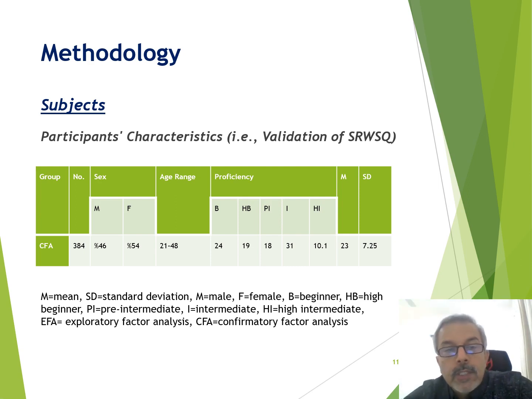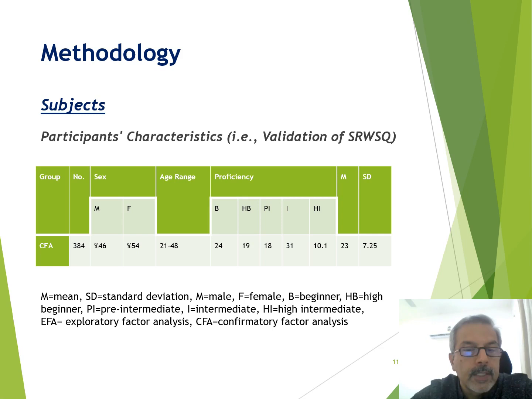The subjects or the participants of this study were chosen from different universities in Iran. In order to have a sort of normal distribution, I tried to include all the characteristics related to sex, age range, and proficiency levels. These are determined by a demographic section in the questionnaire itself.